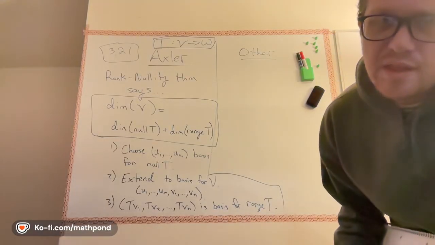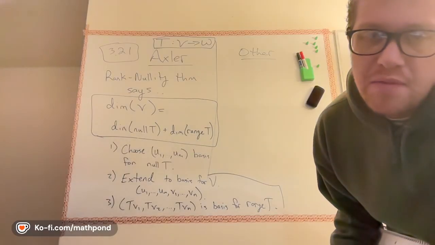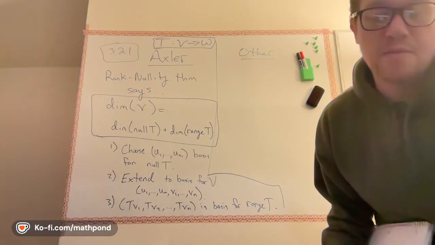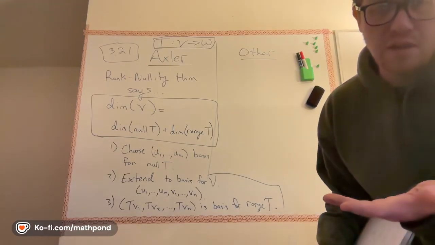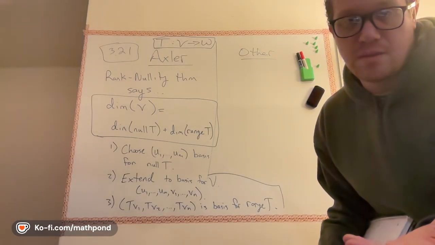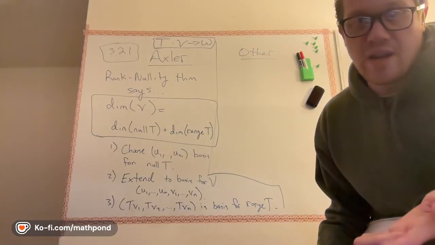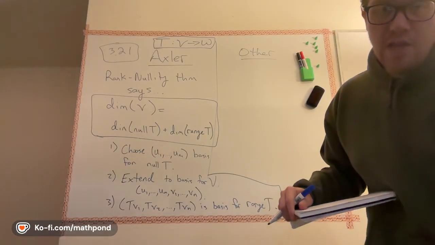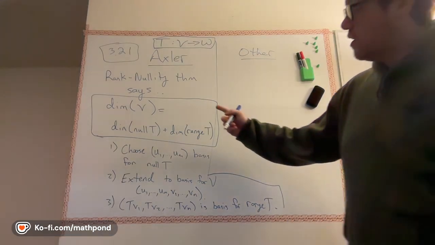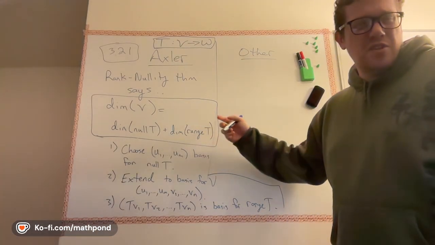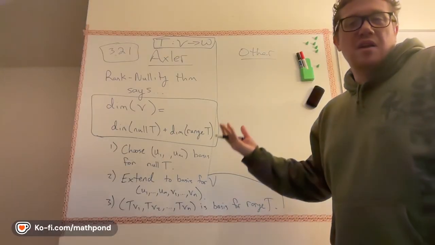So we're showing that the dimension of V is the sum of the dimensions of the null space and the range, which is sometimes called the nullity of the transformation and the rank. So the rank is the dimension of the range, and the nullity is the dimension of the null space. So sometimes you'll see this theorem called the Rank-Nullity theorem, or in another sense you'll see it called the fundamental theorem of linear algebra.